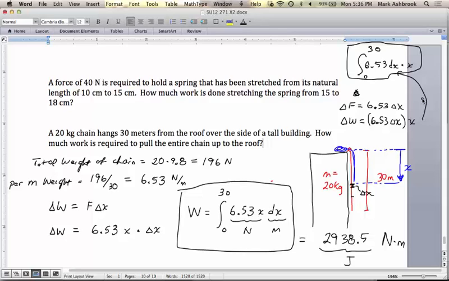If we would have done it without dividing by 30 to begin with, would we have just had to do that at the very end? If we used 196x? But then does your integral make sense? What was your integral? Well, I used that because if we didn't get the force per meter, we just did the total force of the chain.